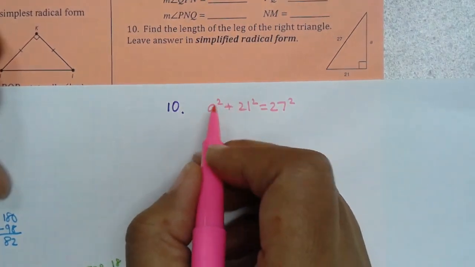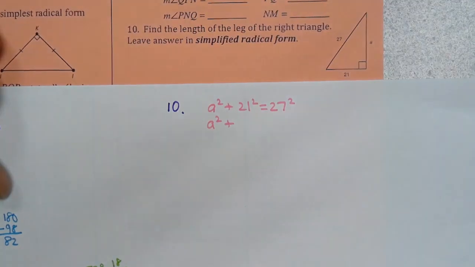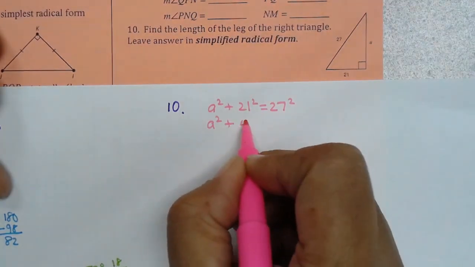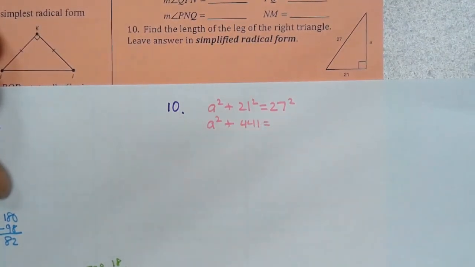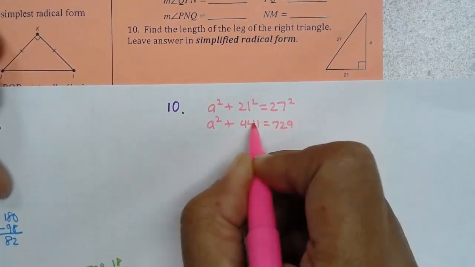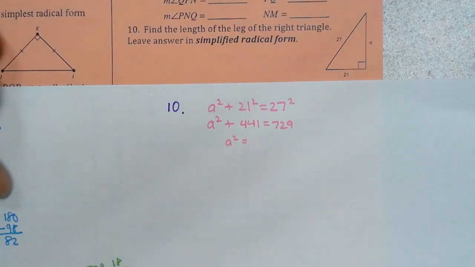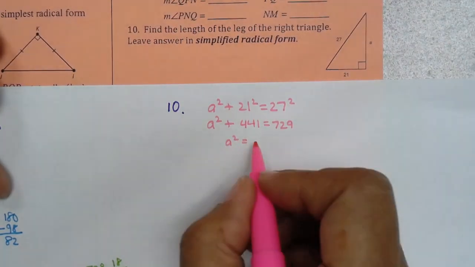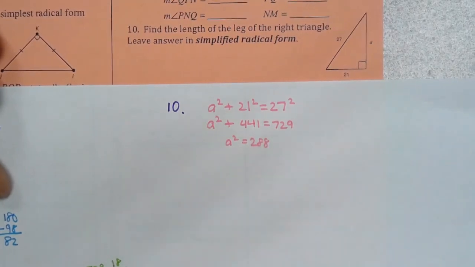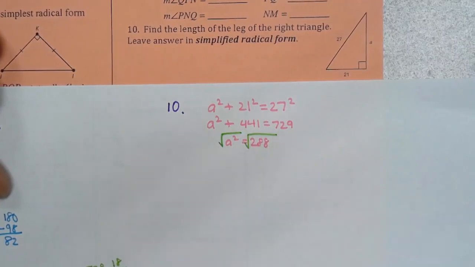All right, let's go ahead and solve. So we have a squared plus, and then 21 squared is 441. And then 27 squared is 729. So if I subtract the 441 to the other side, I get 288. To get rid of the square, I'm going to take the square root of both sides. And if you try to take the square root of 288, you get a decimal.